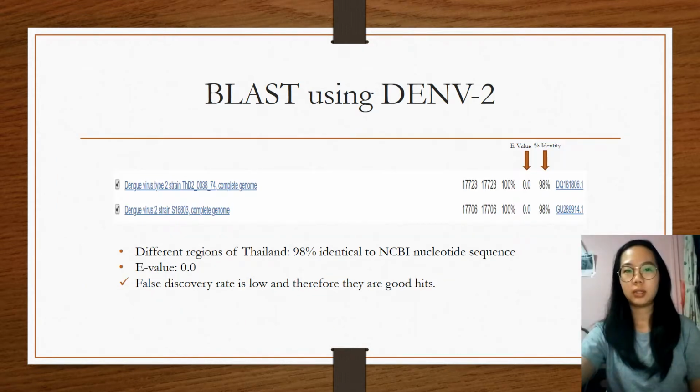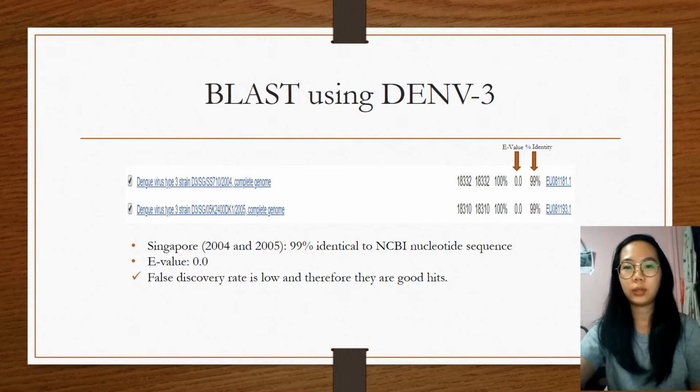After placing the DENV2 sequence found on NCBI into BLAST, we found that DENV2 isolated from different regions of Thailand is 98% identical to the DENV2 nucleotide sequence. Also, since the E-values are 0, the false discovery rate is low and thus they are good hits. We did the same for DENV3, and the results from BLAST show that DENV3 isolated from Singapore from 2004 to 2005 is 99% identical to the NCBI nucleotide sequence that we entered.